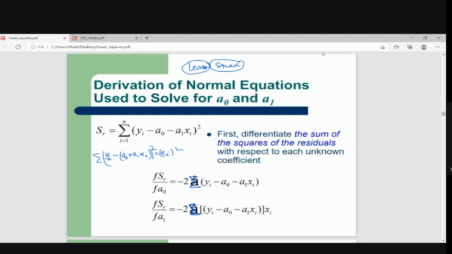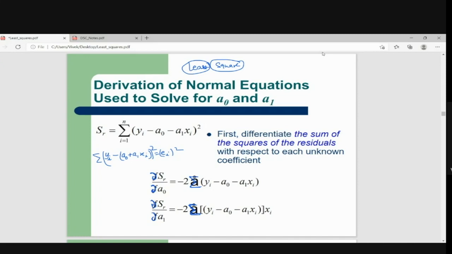Okay, so I'm taking here del. So this is actually mathematical typos. Del SR by del A naught and del SR by del A1. So I'm taking the partial derivative. So you can see that 2 will come here, summation.